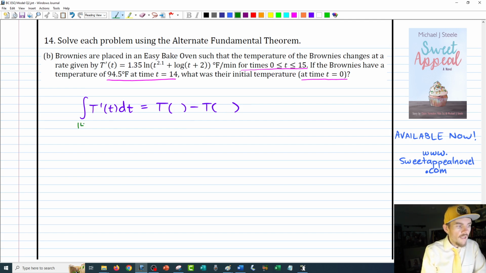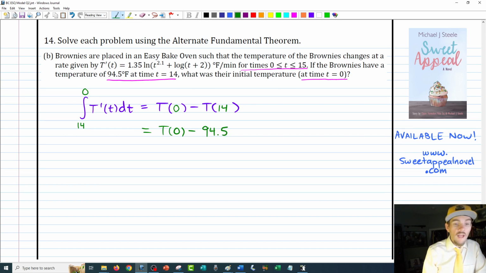I'm going to write my integral as ranging from 14 to 0. When I do that, it reverses the limits of integration, which then makes this T of 0 minus T of 14. The advantage in doing it this way is that, yeah, we don't know what T of 0 is, but we do know T of 14 is 94.5.